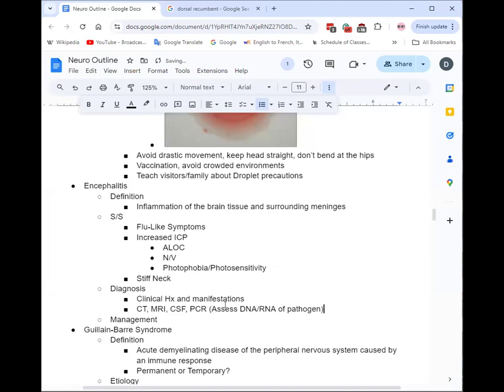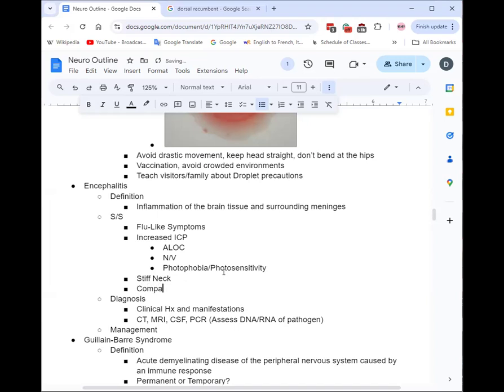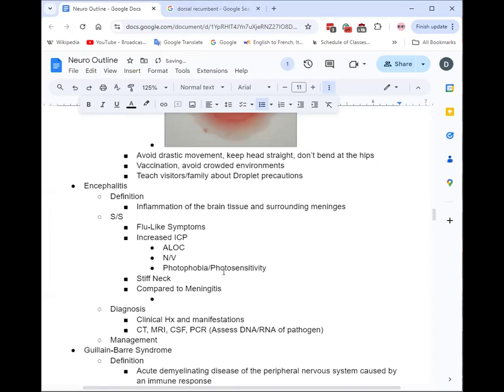Kaylin wants to ask, what are some specific signs and symptoms for encephalitis? Compared to meningitis, we said already that it's going to affect neuro more heavily.